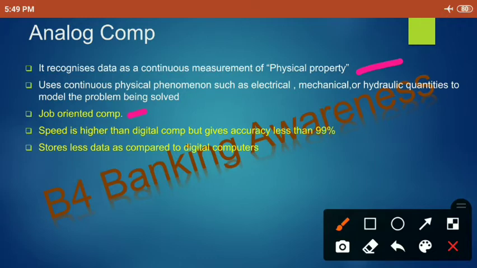In this computer, speed is higher than digital computers, but they give accuracy less than 99%. Analog computers store less data as compared to digital computers. Yellow points given in this slide are very important and questions can be asked in the exam from these points.